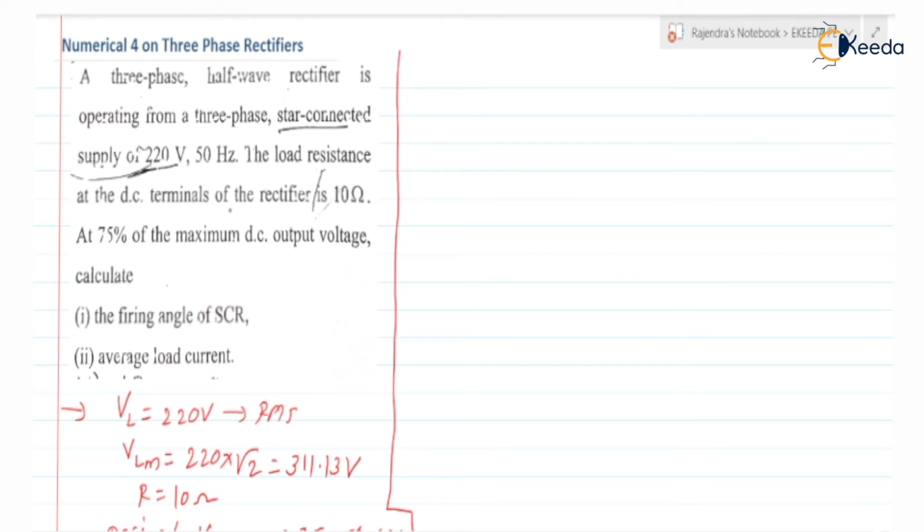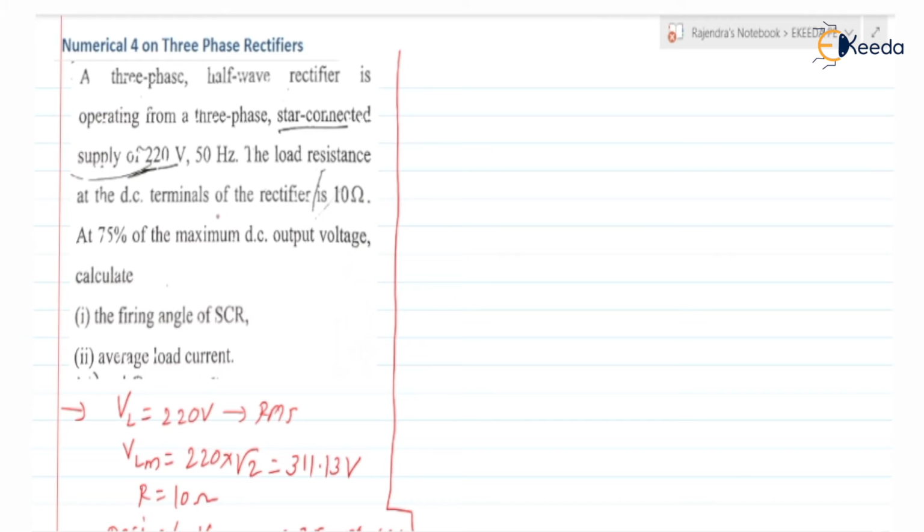Okay, so for the three-phase half-wave controlled rectifier, if we recall, what is the alpha corresponding to maximum V0 average?